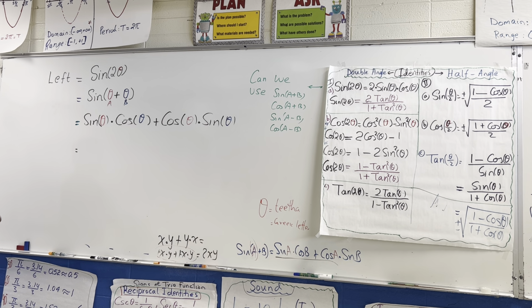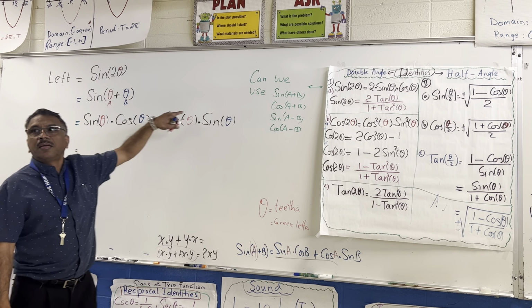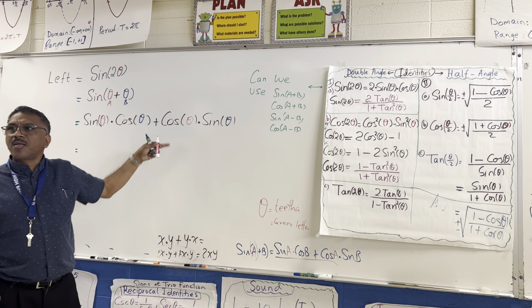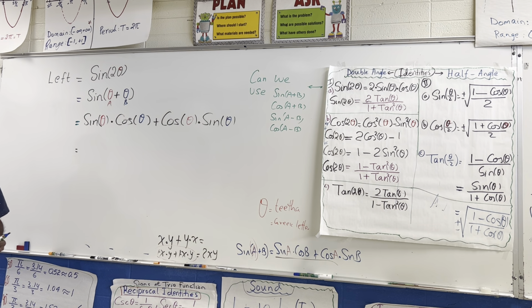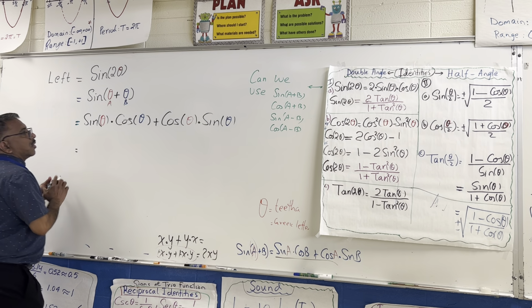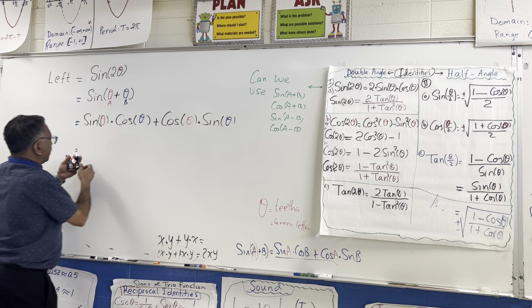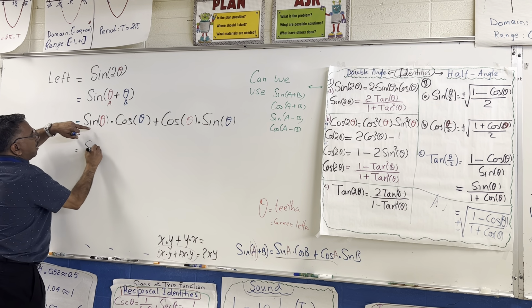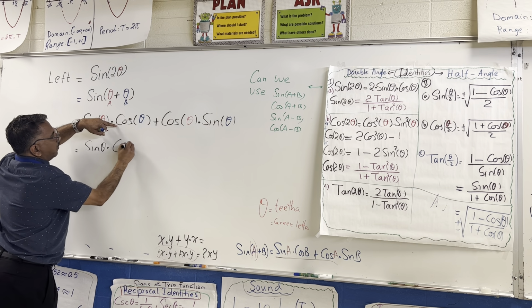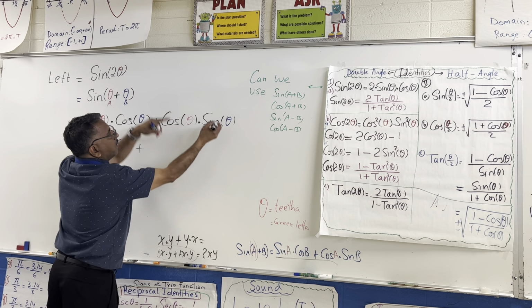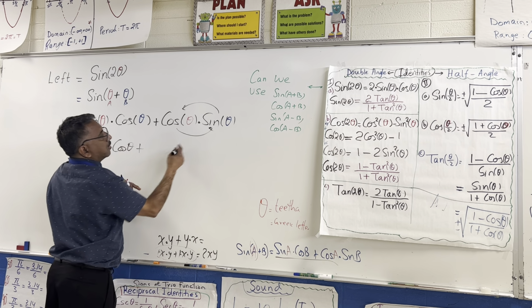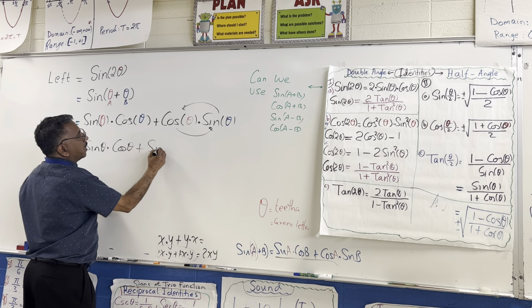So do you see the same thing here? Sine theta, cosine theta. This also is sine theta, cosine theta. Is this not the same thing? The only difference is this is written second, so you can rewrite. Let's write sine theta cosine theta, plus this I will swap using the commutative property, sine theta and cosine theta.